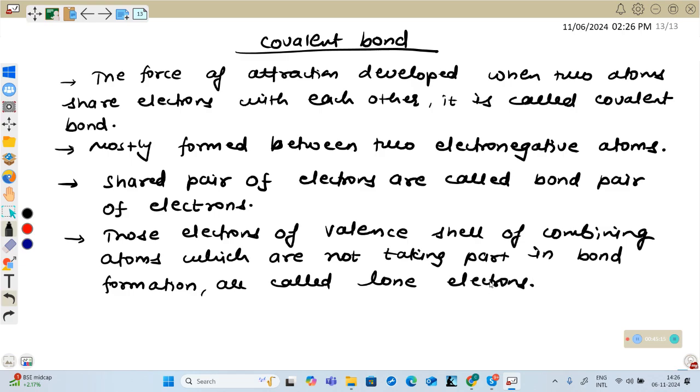When you take them in pairs, one pair of valence electrons which are not taking part is called a lone pair, otherwise lone electrons.